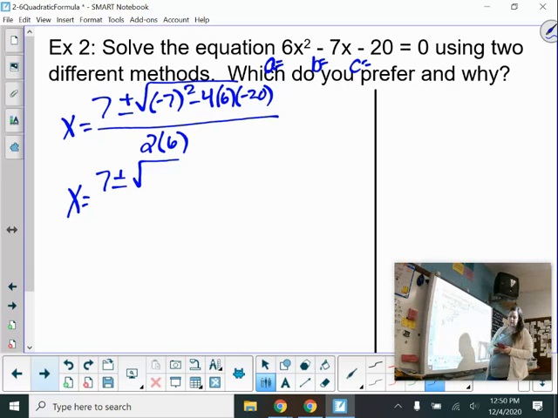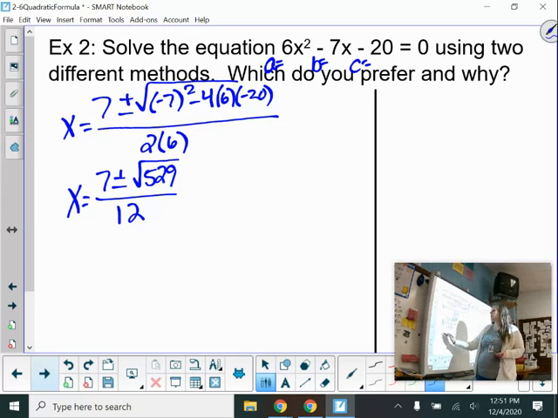So inside my square root, I have negative 7 squared minus 4 times 6 times negative 20. So that's 529, and then divided by 12. 529 is a perfect square. The square root of that is, I believe, 23, and it is 23.